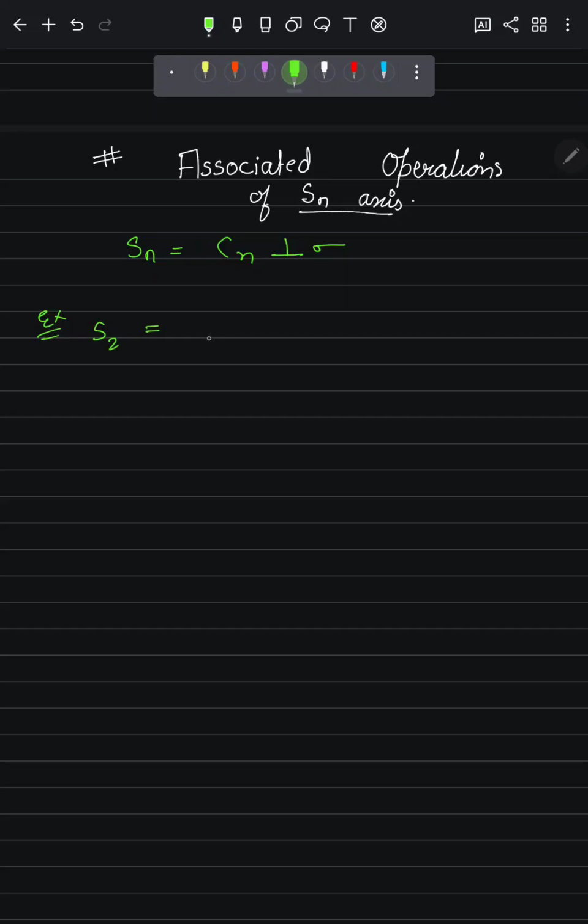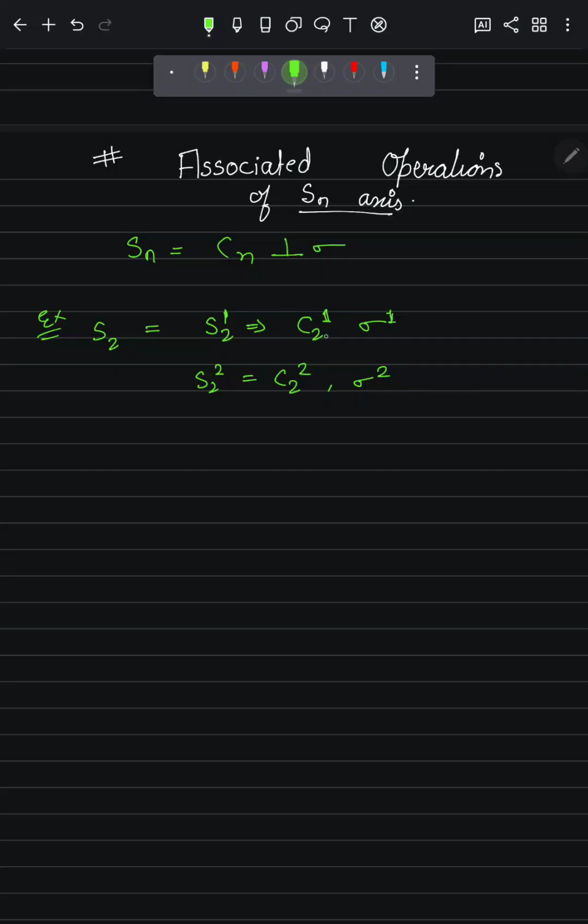So we know that in S2, S2^1 is equal to C2^1 and sigma, and S2^2 is equal to C2^2 and sigma^2, or sigma^1 from here.